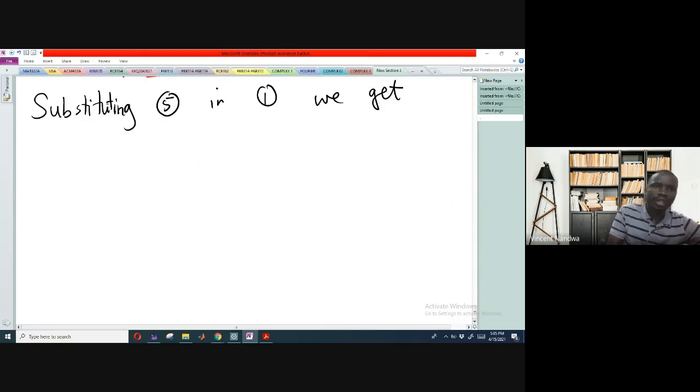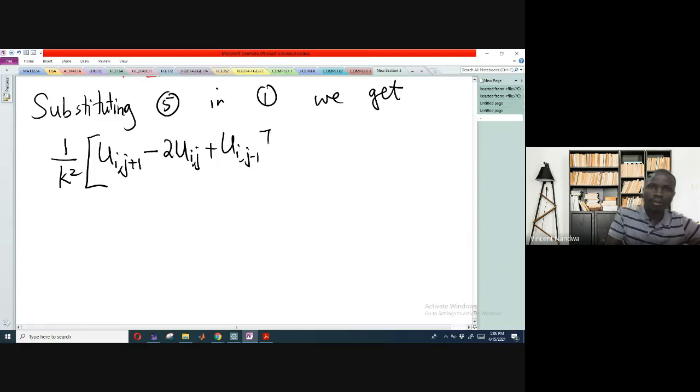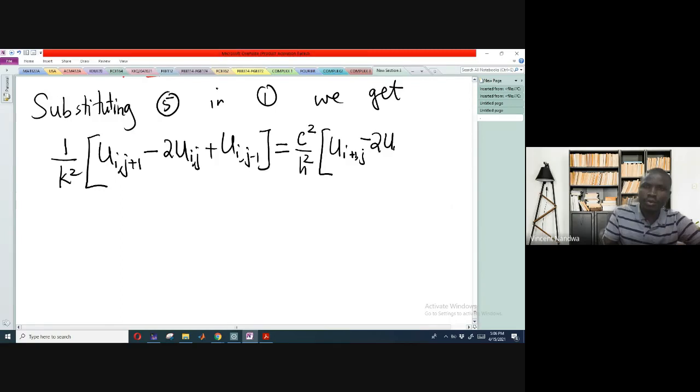So therefore, the left-hand side of 1 will give us 1 over k squared into u sub i comma j plus 1 minus 2 u sub i comma j plus u sub i comma j minus 1 equals c squared over h squared into u sub i plus 1 comma j minus 2 u sub i comma j plus u sub i minus 1 comma j.